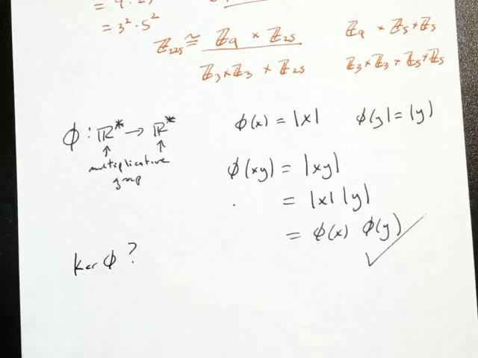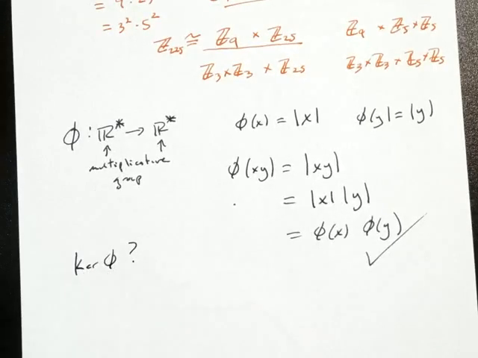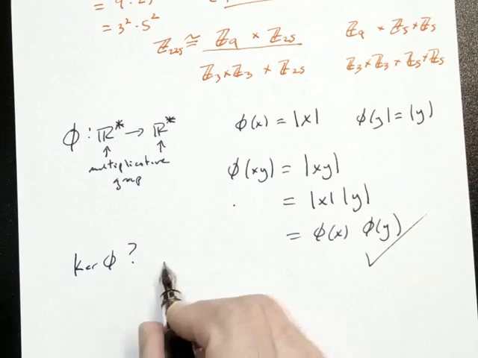What's the kernel of this homomorphism? Anything that maps to 1, since we're multiplying, so it'd be x equals -1 and 1.